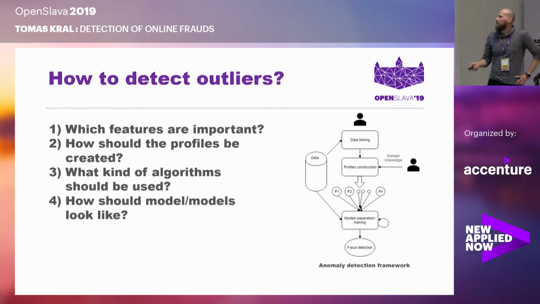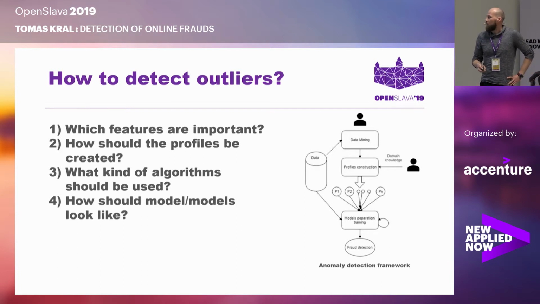What does it mean? We have to have a lot of data, which has to be put in data mining. We need some domain knowledge to create profiles of user behavior. Then these profiles have to be put in the model as features. We have to choose the right models, or test a lot of models to choose the one which performs the best.